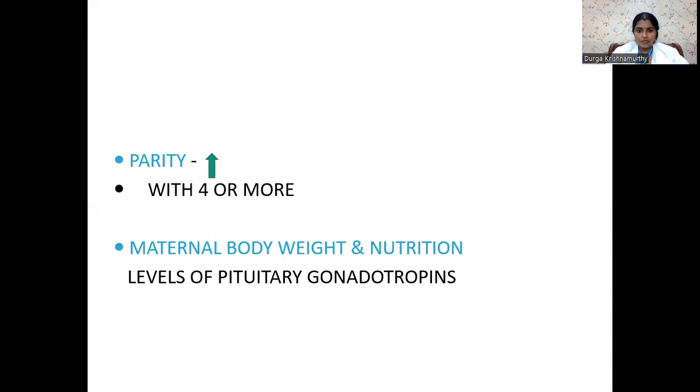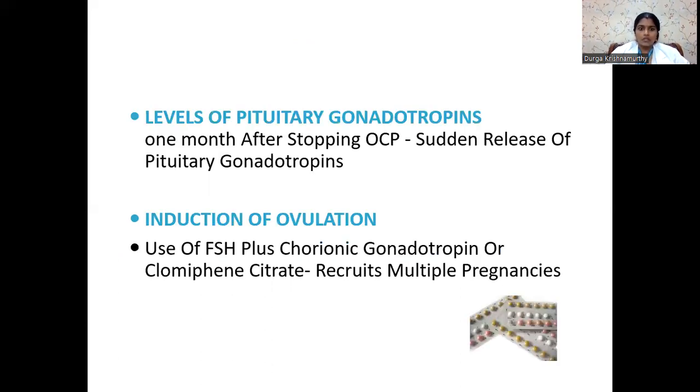Maternal body weight and nutrition also have an effect, depending upon the levels of pituitary gonadotrophins. One month after sudden stopping of oral contraceptive pills, there is a sudden release of pituitary gonadotrophins, which leads to an increased incidence of multiple pregnancy in women who stop the OCPs and immediately conceive with twins.